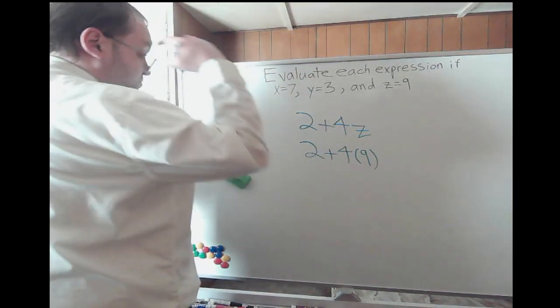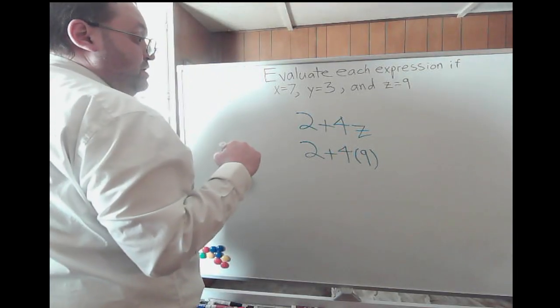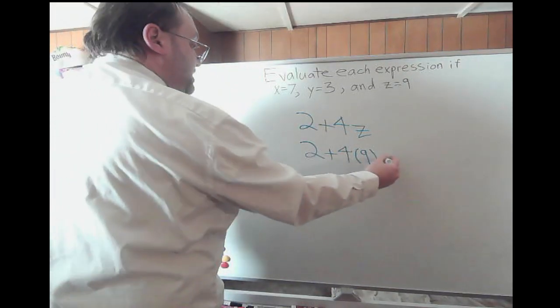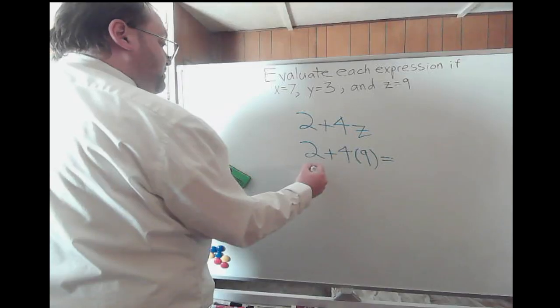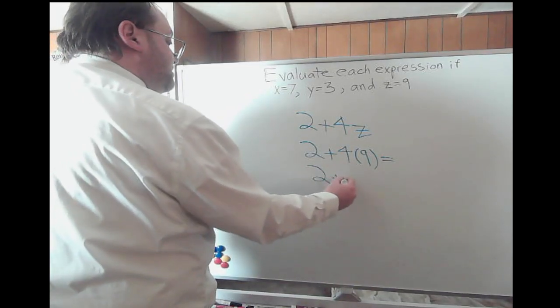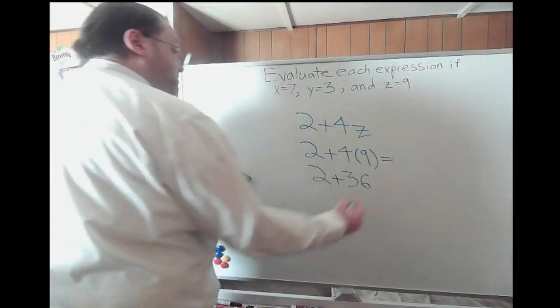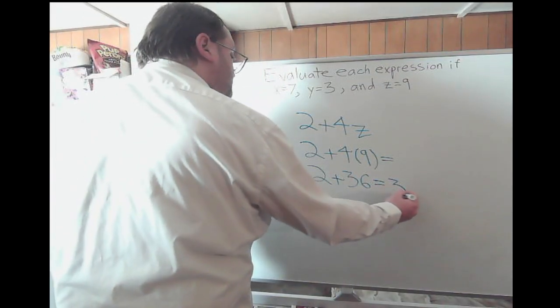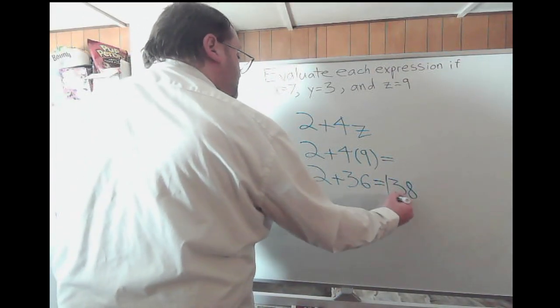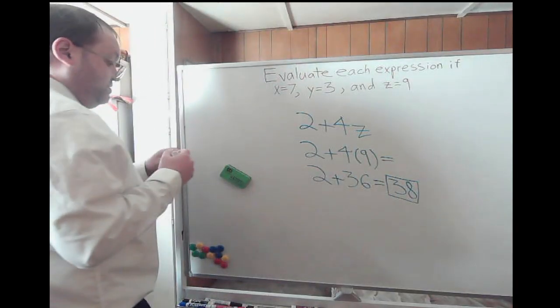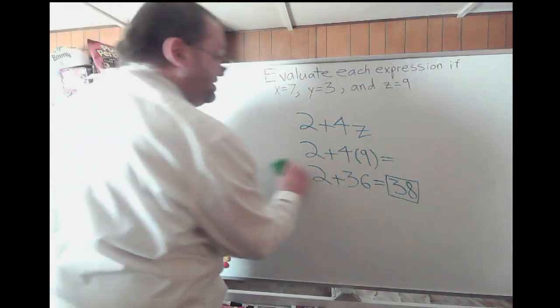Order of operations states that we do the multiplication first, so you'd have 2 plus 36, because 4 times 9 is 36, which would give you 38. So 38 would be your answer for this equation of 2 plus 4z.